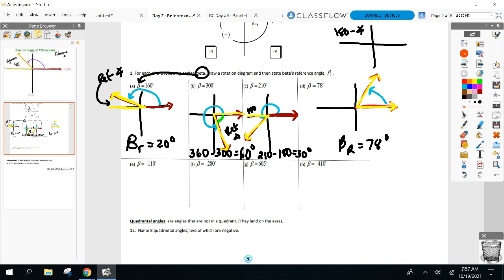If you're in the 3rd quadrant, you do the angle you're graphing minus 180. If you're in the 4th quadrant, you do 360 minus the angle you're graphing. And if you're in the first, it's its own reference angle. If you want to remember those rules, that's fine. But honestly, I think most of you are capable of looking at your diagram and finding the reference angle.